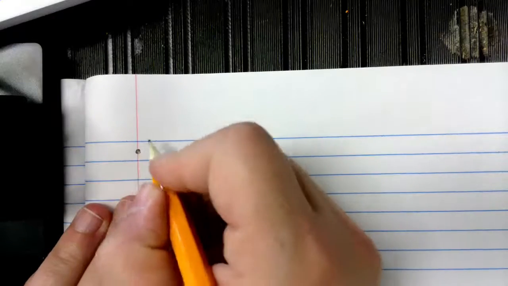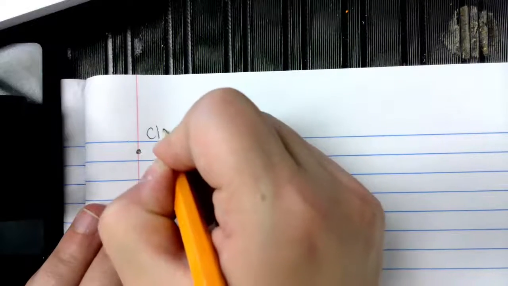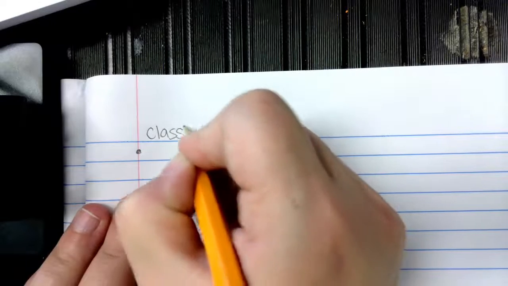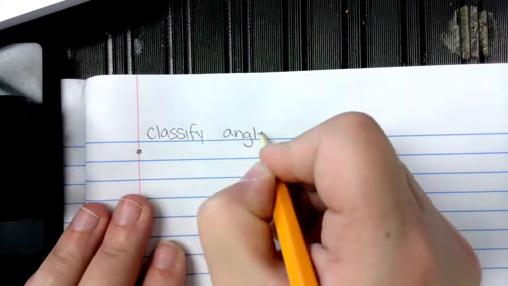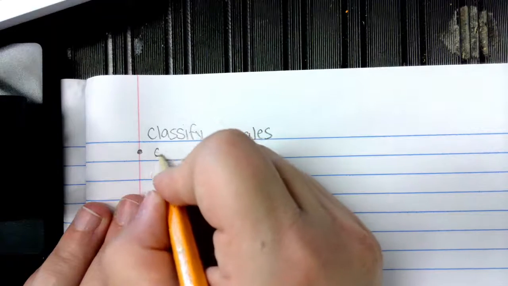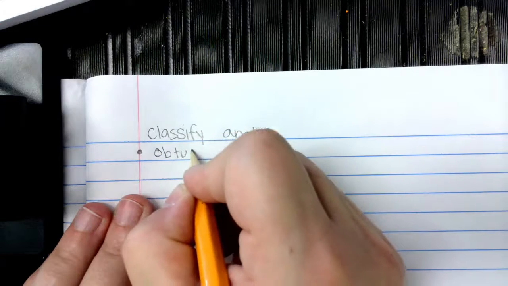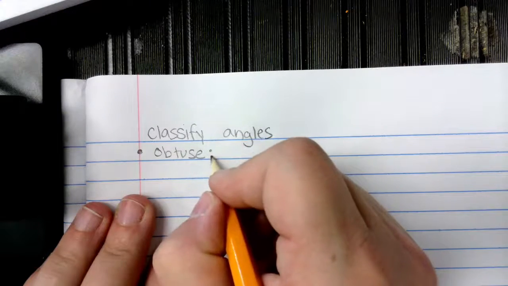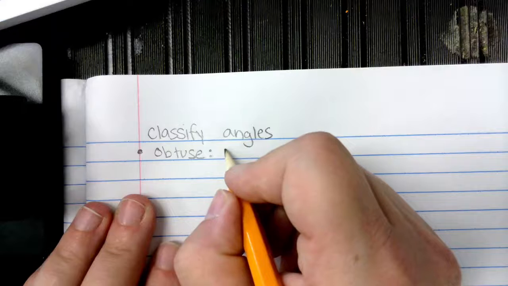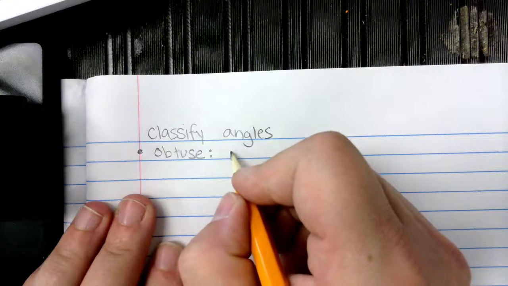We got obtuse. This is when we classify an angle. So if you want to put that, classifying angles, we would classify it as obtuse. And what does obtuse mean? It's an angle bigger than 90.